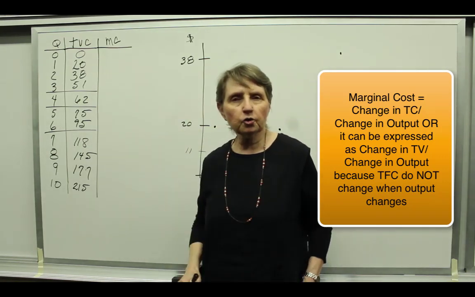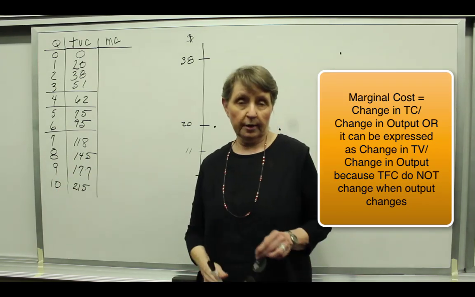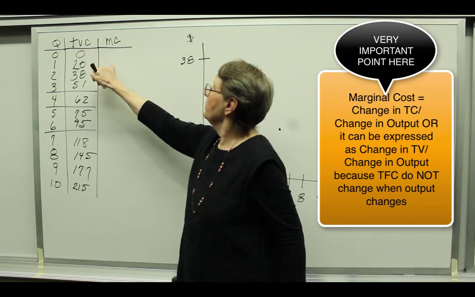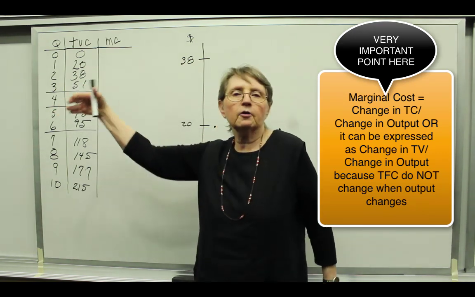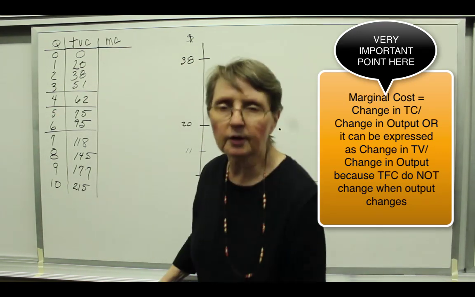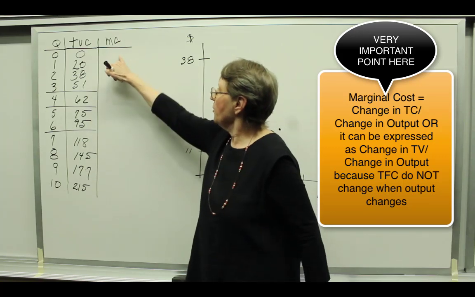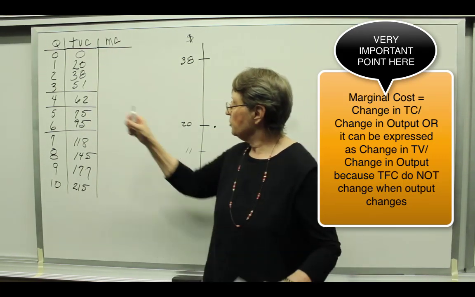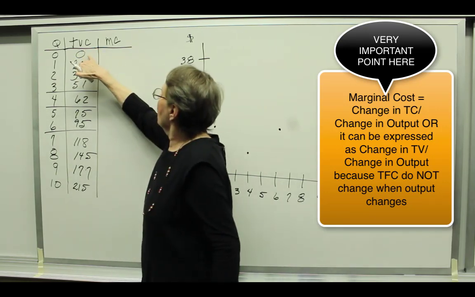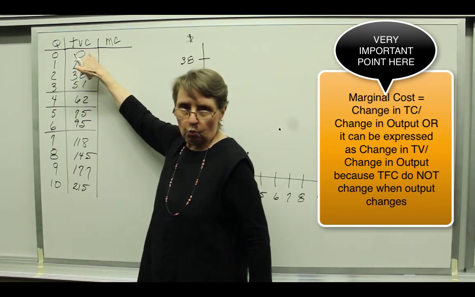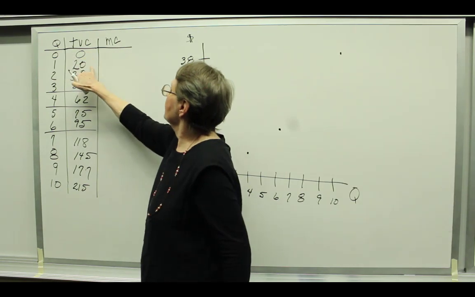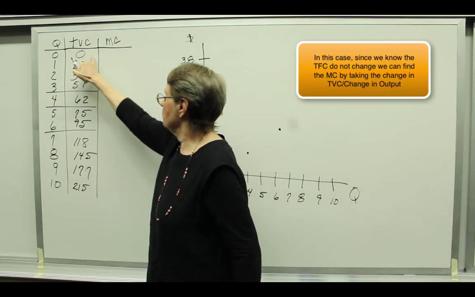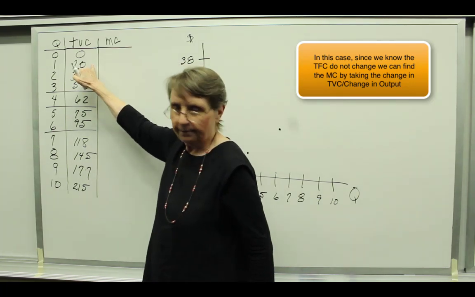Remember that our fixed costs are $100 and they don't change no matter how much we produce. Well, so the only costs that are going to change are my variable costs here. So to construct our marginal costs, what we are going to do is look at the change in our variable costs. So when I go from making no widgets to making one widget, my costs change by $20.